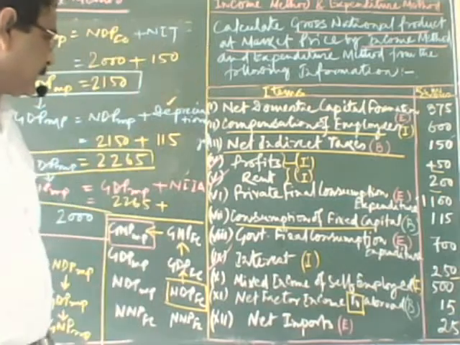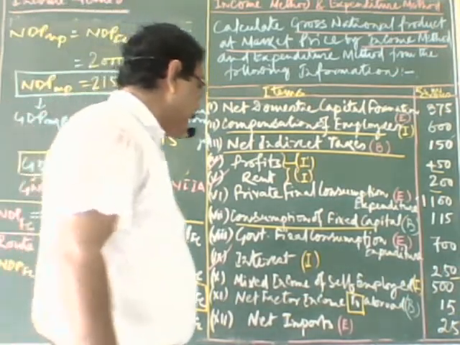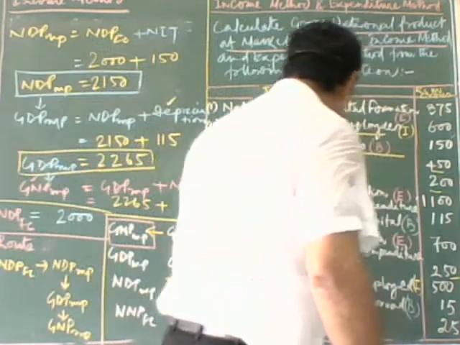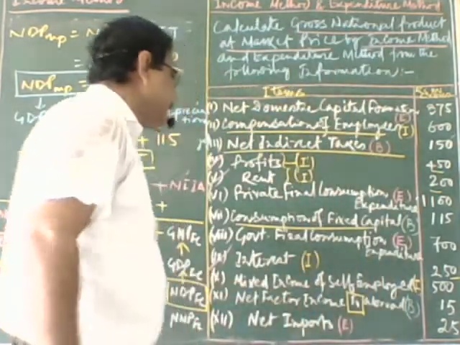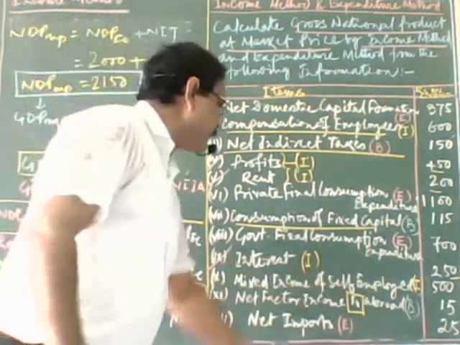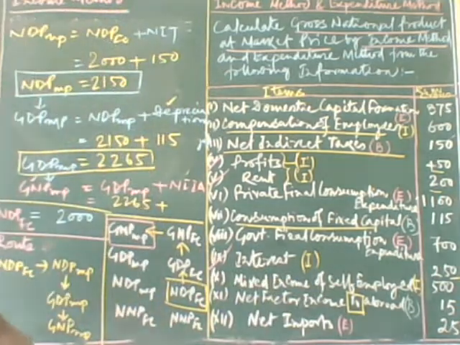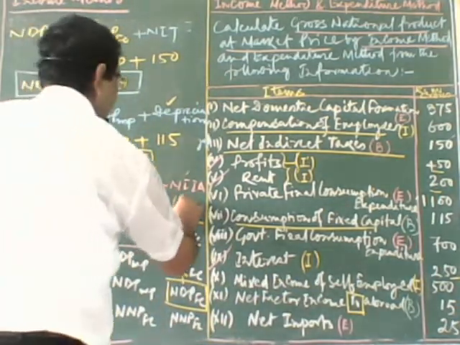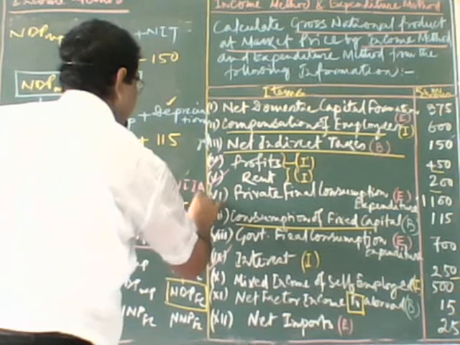The net factor income from abroad will be the negative value of net factor income to abroad. Therefore, the NFIA is equal to minus 15.